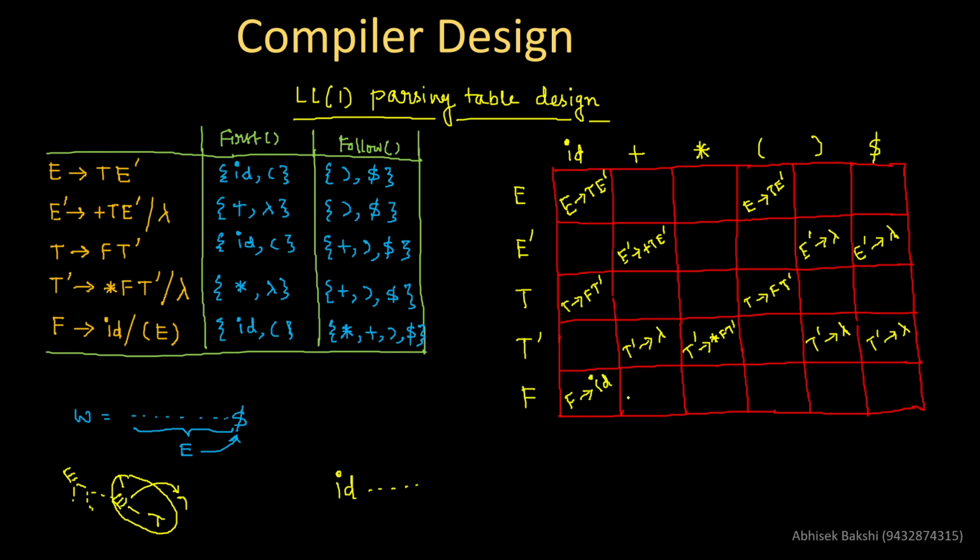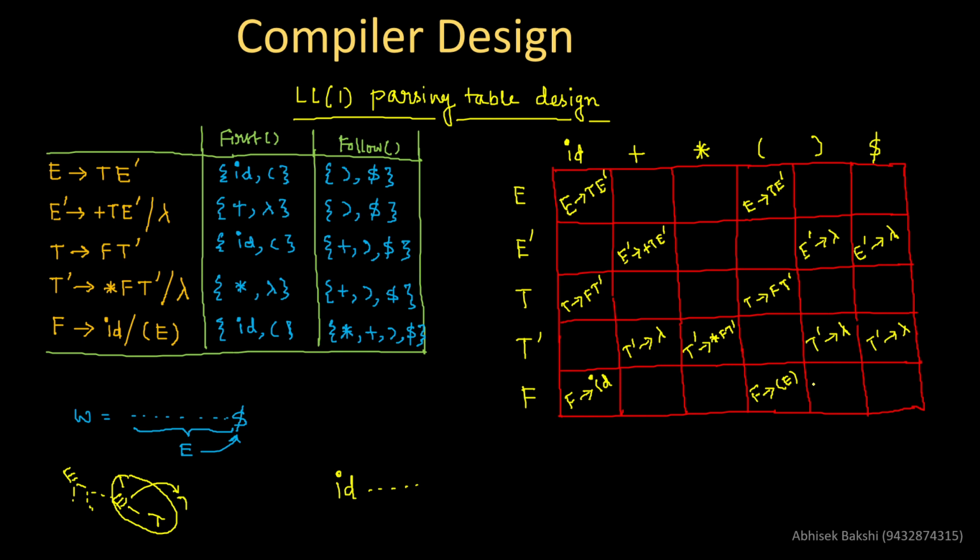And similarly, the first of F is also F to opening brace, E closing brace. The first of F is this opening brace, that means F to this. If I find a situation like this, there will be a possibility to use this particular production rule.